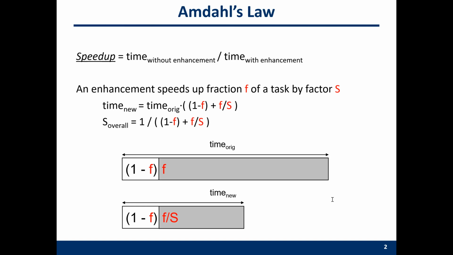Operation, 20% non-floating point operation. Non-floating point operation cannot benefit anything from the new unit, but the new unit does improve the floating point operation performance. So you use this 80% divided by 10. And then you can have the speed up.